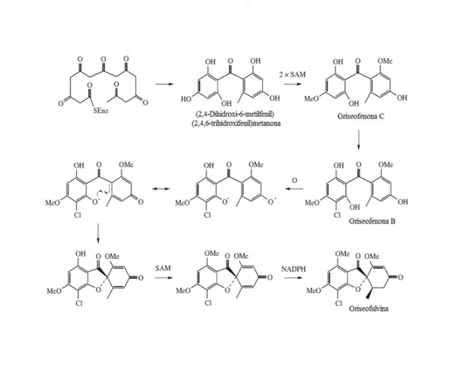The benzophenone intermediate is then methylated via S-adenosyl methionine twice to yield griseophenone C. The griseophenone C is then halogenated at the activated site ortho to the phenol group on the left aromatic ring to form griseophenone B. The halogenated species then undergoes a single phenolic oxidation in both rings, forming the two oxygen diradical species.